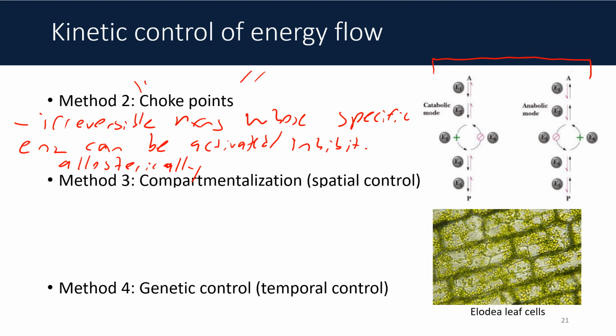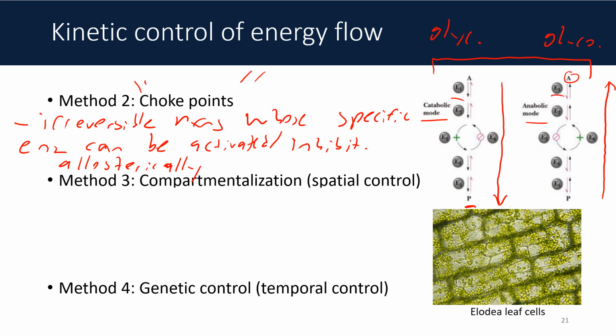In this process, we have a generic catabolic process and anabolic process, where the net flux of metabolites in the catabolic mode goes downward towards products. And in anabolic mode, we're moving in the reverse direction towards reactants, A. This could be, for example, glycolysis and gluconeogenesis, breaking sugar and making sugar from scratch.